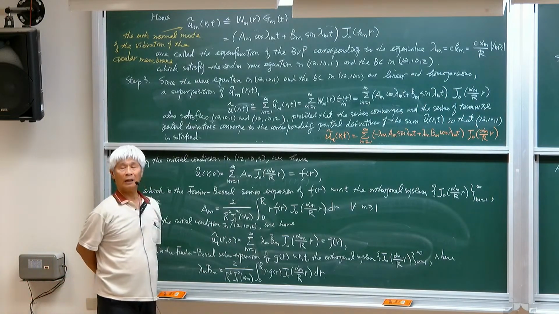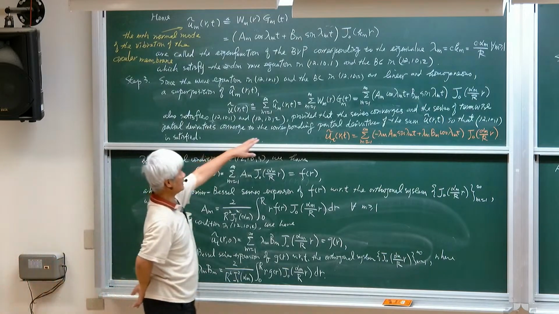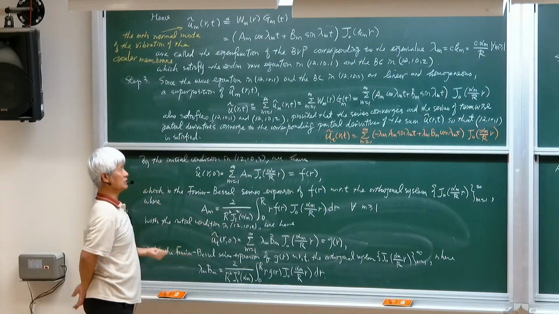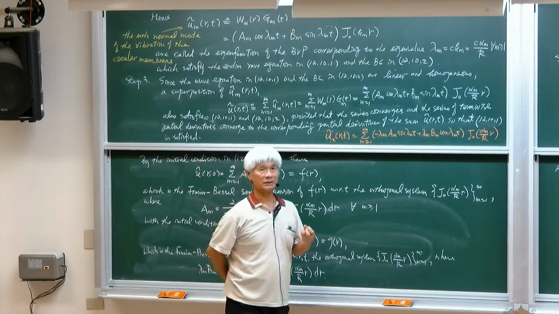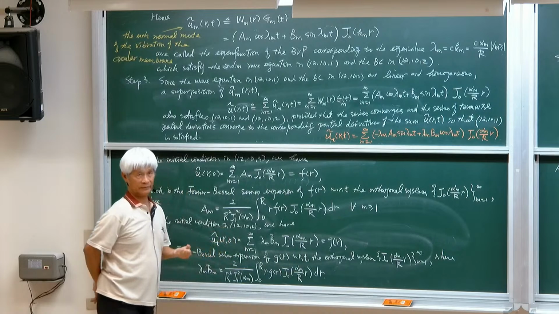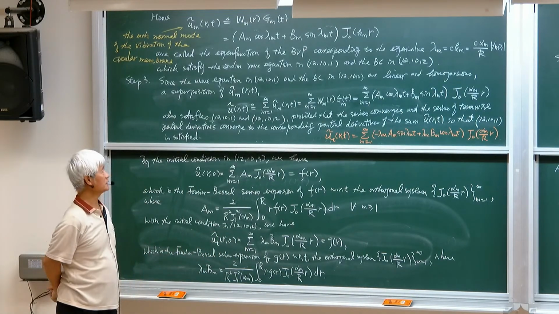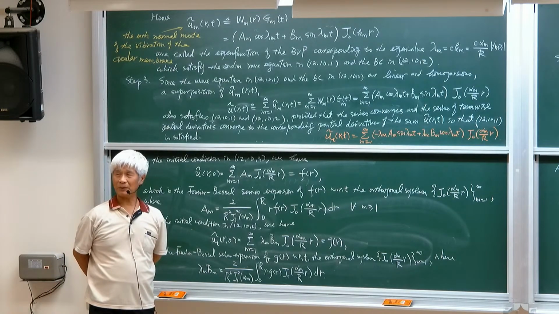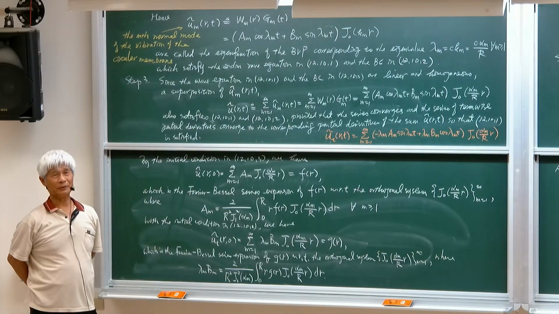Of course, you have to justify, as I said, that the series actually converges, and also that the series of term-by-term partial derivatives will converge to the corresponding partial derivatives of the sum. This is quite similar to what we have done before, for example in section 12.6.